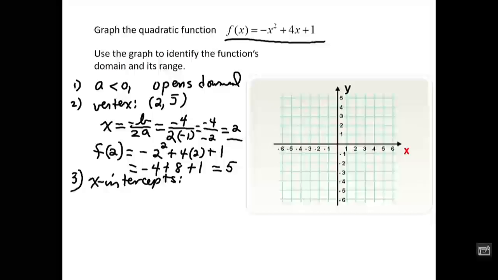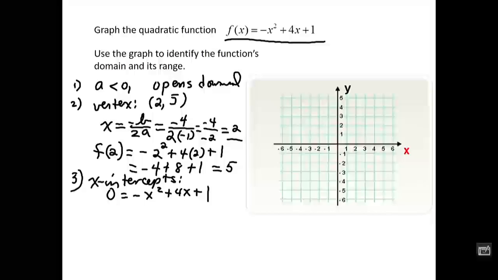So we have 0 is equal to minus x squared plus 4x plus 1. The right-hand side doesn't factor. We can complete the square, or we can use the quadratic formula to find x. So let's use the quadratic formula.